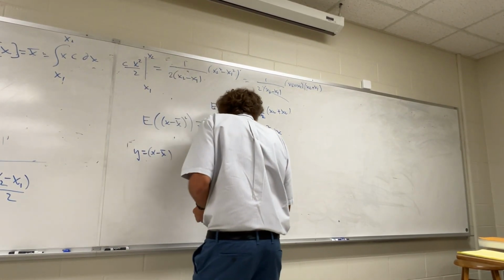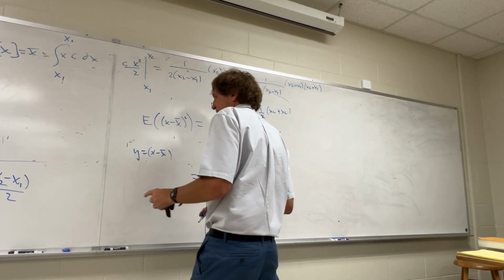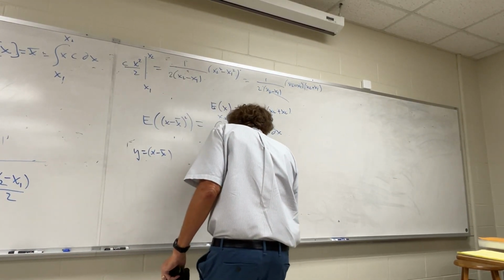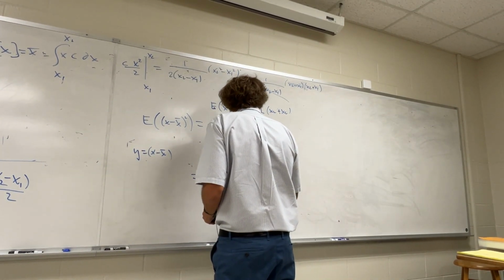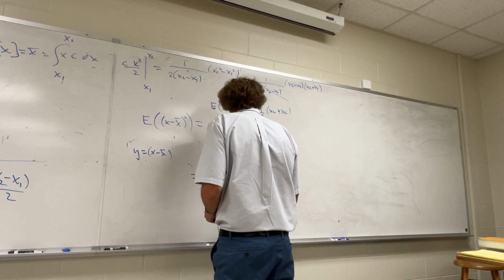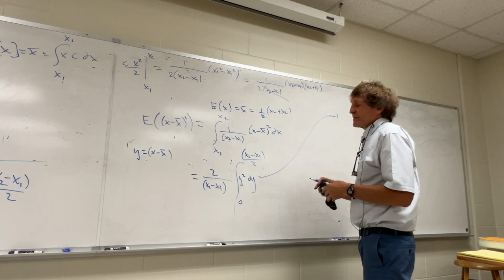I take y squared dy, and it goes from 0 to the upper point, x2 minus x1 over 2. You don't have to do it this way. I found this to be easier to understand.